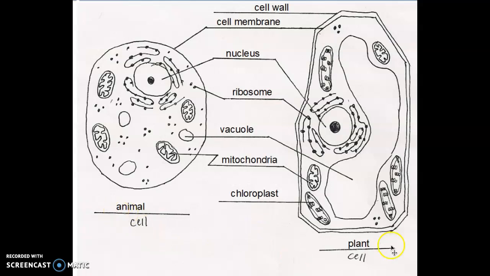So animal cell on the left, plant cell on the right. Generally speaking, the animal cells will be round, but I'm going to show you a variety of cells in a minute. And plant cells are normally more rectangular-ish, more geometric, and they will always have this double membrane here. One's a membrane, one's a wall, whereas animal cells only have this one particular membrane.